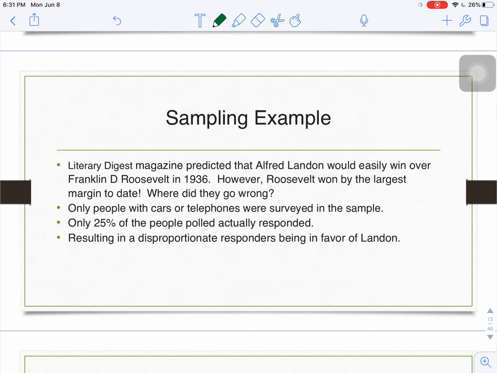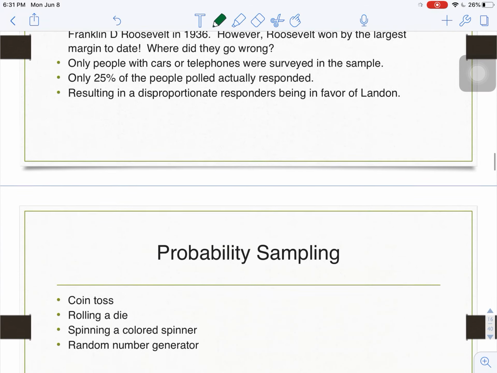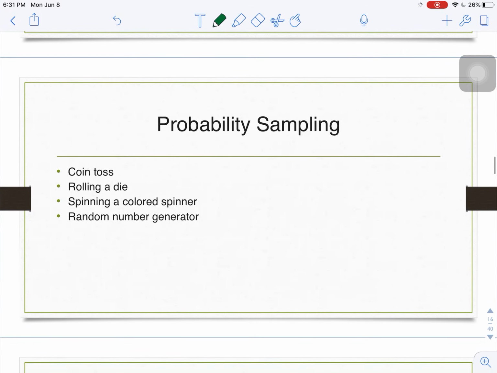It was a very small elite group who did actually have that. Then only 25% of the people polled actually responded. So due to the targeted population, they ended up getting a very disproportionate result, and that's definitely misleading.